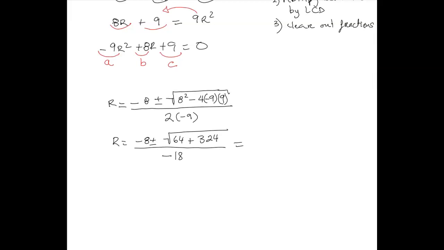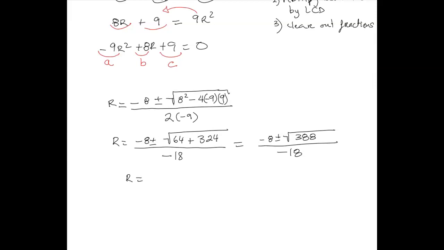And that's going to be negative 8 plus minus square root of 388, over negative 18. All right. So that should be your final answer, maybe. And we're going to see why.